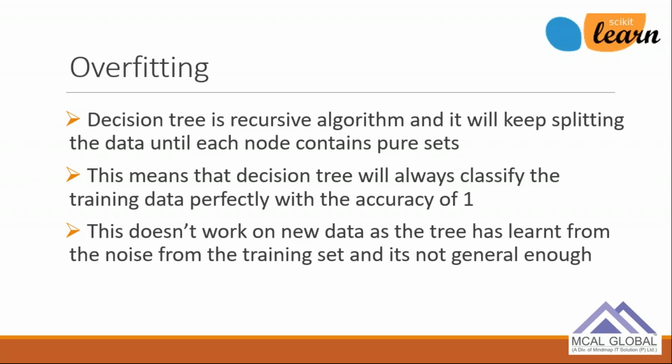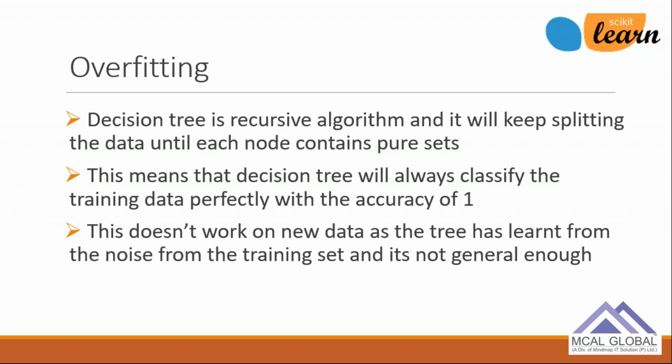Now this means that a decision tree will always classify the training data perfectly with an accuracy of 1. If I try to fit the whole data, I'll go to a point where my accuracy is equal to 1. Training accuracy, mind that, not the testing accuracy.